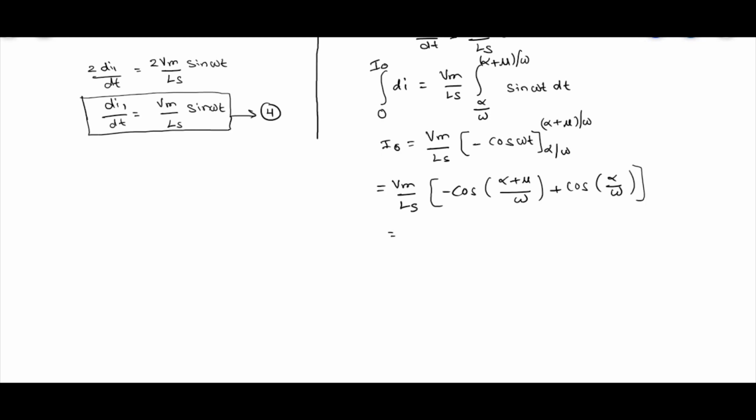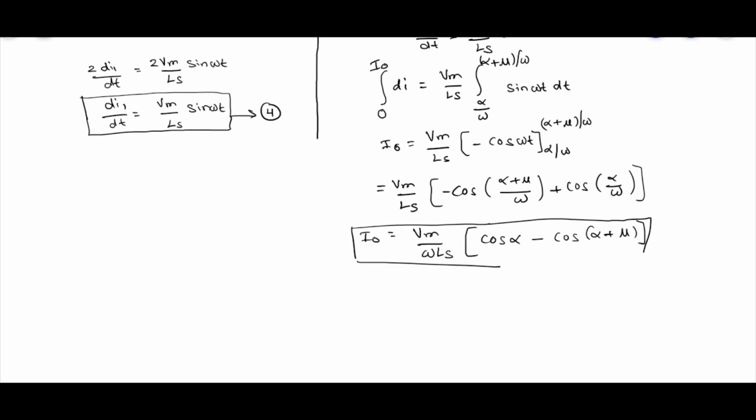That will be equal to Vm by omega Ls into cos alpha minus cos alpha plus mu, right? It is nothing but I0. Number this equation as 5, right?